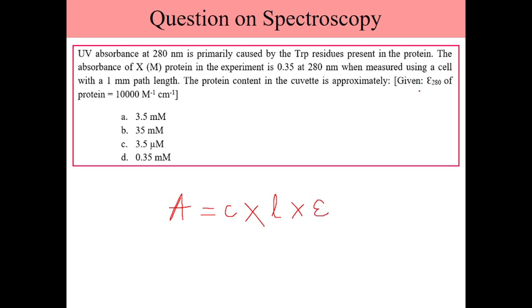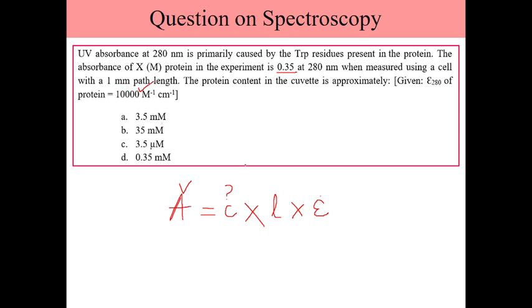So the epsilon of the protein is already given, so this value you put here. They have also given the absorbance, so this value you put here. The concentration is unknown, and the path length they have given is 1 millimeter.